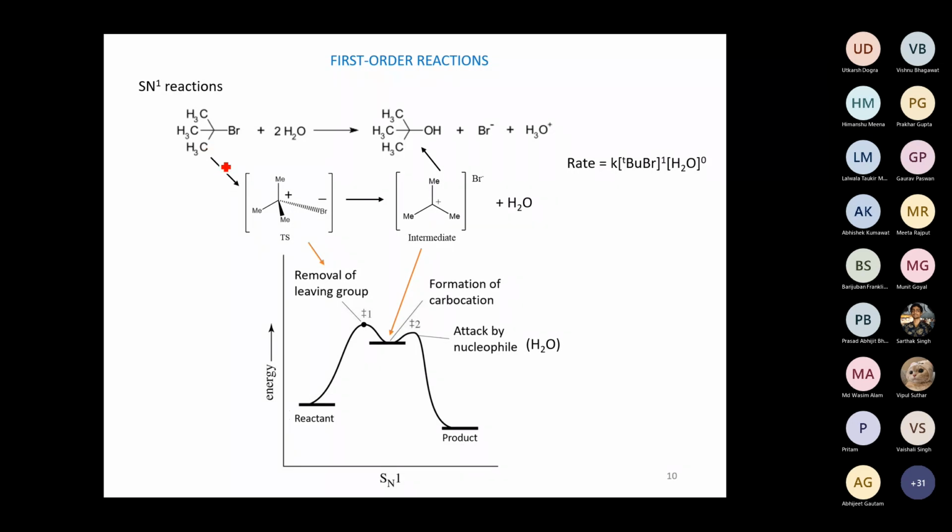What is the first step? The first step is producing a carbocation intermediate or transition state. So what is happening here? You can see that the first step is forming a transition state.